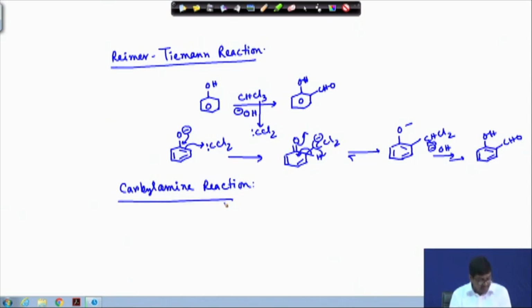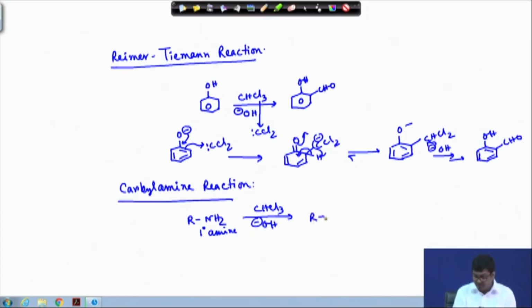So, in this case of the carbylamine reaction, the starting material is 1 degree amine or primary amine, okay. And again in presence of chloroform under basic medium, that gives the foul smelling isonitrile derivatives.